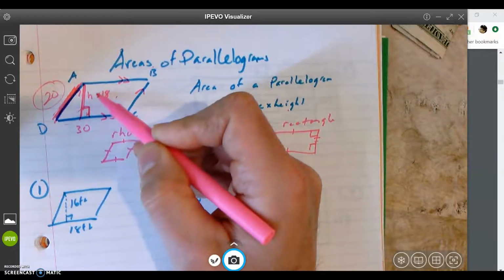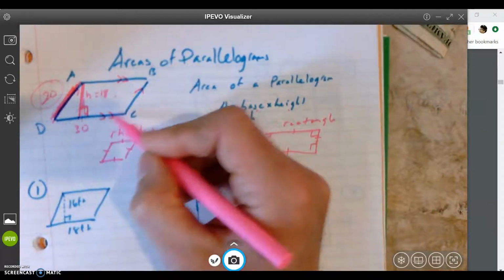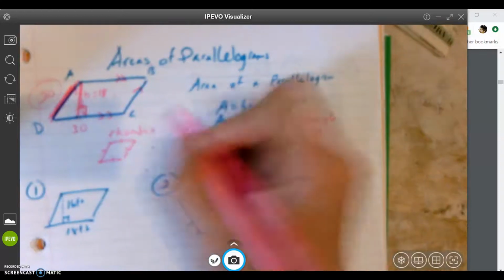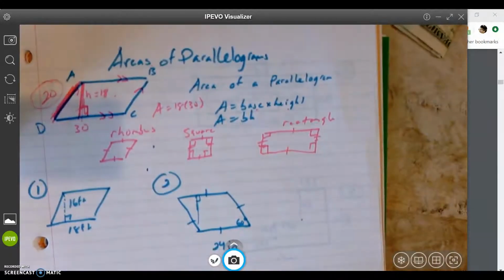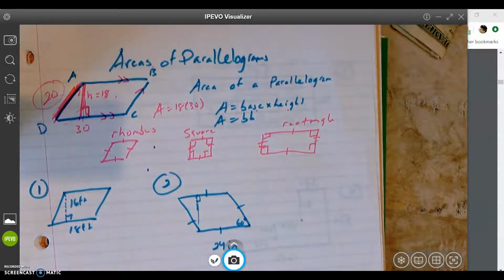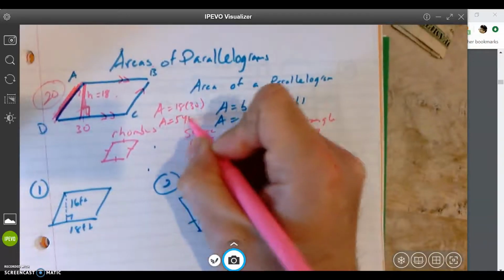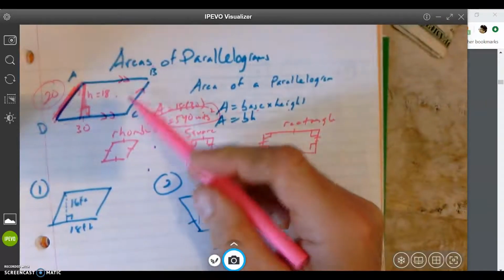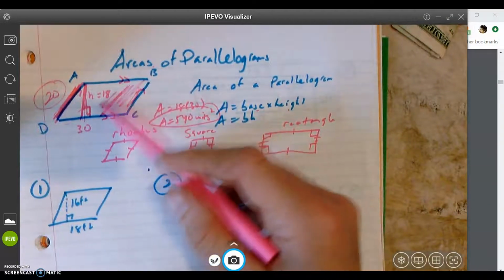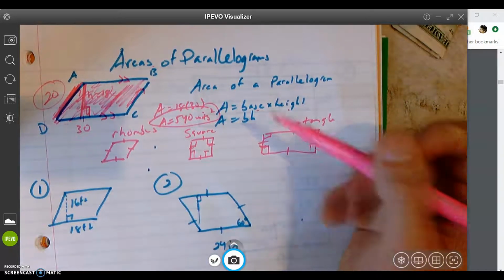So you have to look for that right angle for the actual height because that means it goes straight up and down, perpendicular to the base. So the area here is just 18 times 30. We got 540 units squared. Because what is area again? Area is all the space inside the shape.